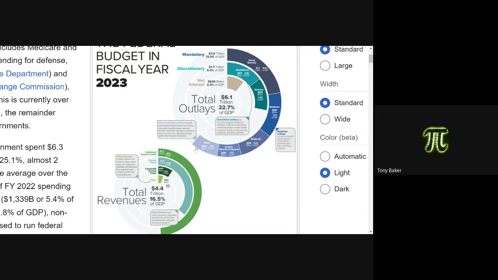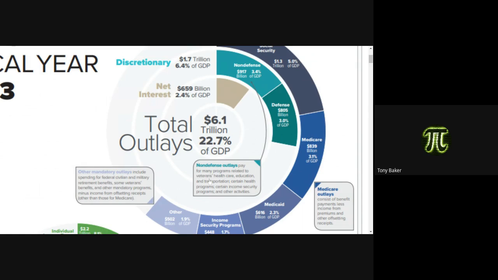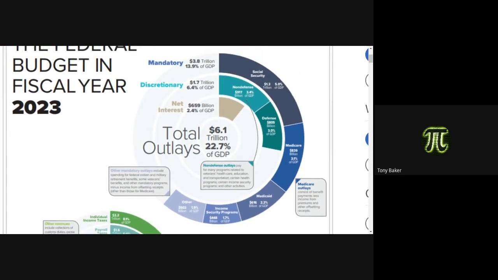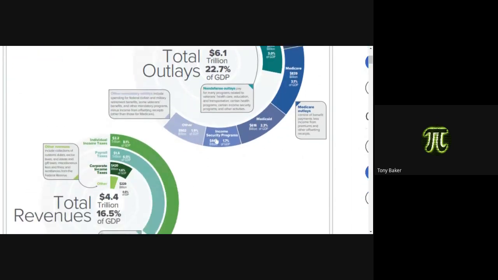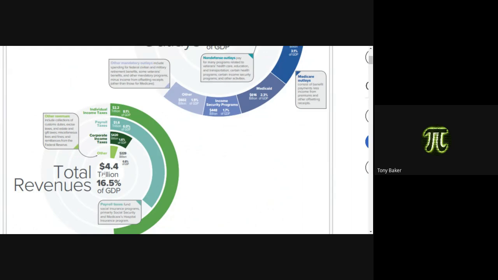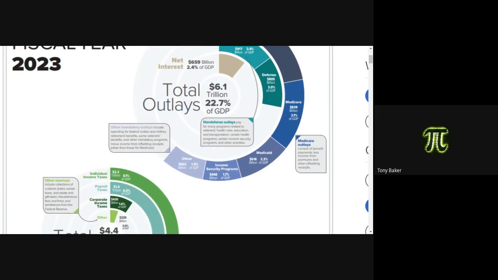So this is actually a bar graph, not a pie chart. But it does show how much we're spending. Notice that in 2023, our outlays were $6.1 trillion, and our income was $4.4 trillion. So the gap's widening.